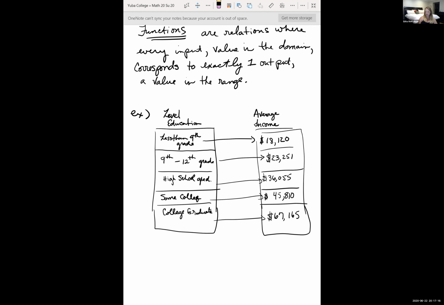So which one represents the domain and which one represents the range?